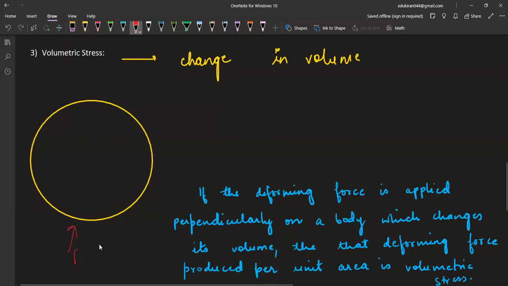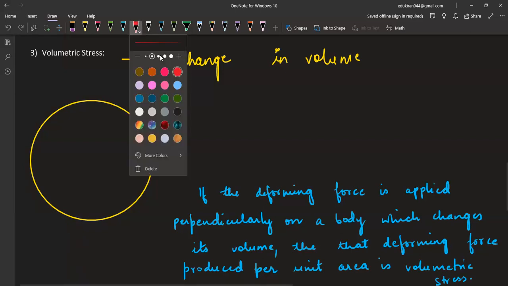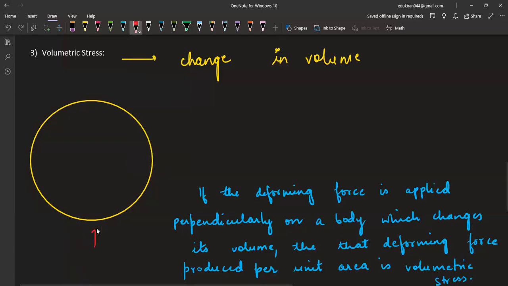Now, suppose this is a sphere, and from all directions force is being applied. These forces will also be perpendicular. The difference between longitudinal and volumetric is that these bring the change in volume.